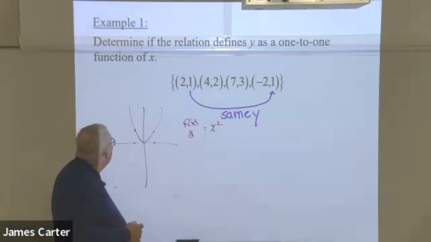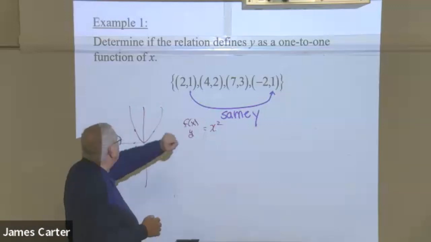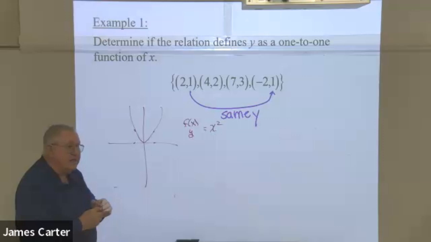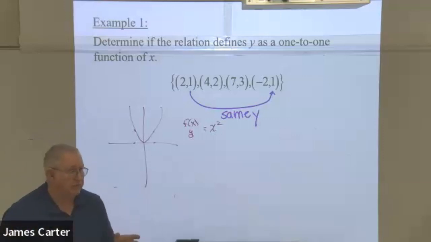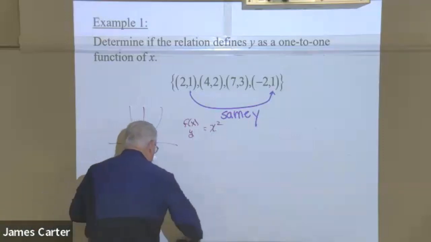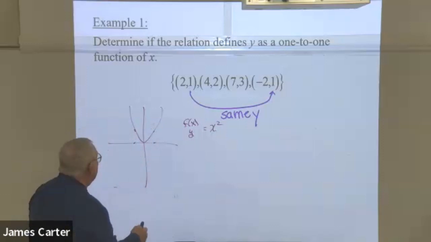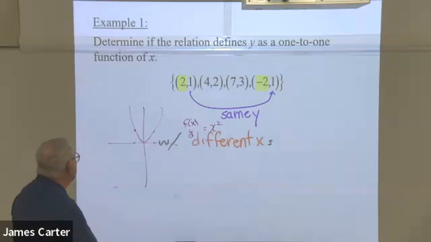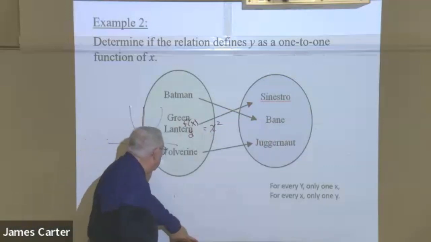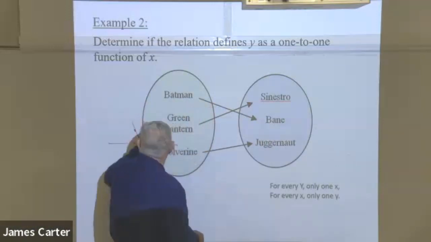So we would have that point and this point represented. This is a function. Now, let's keep going in this and see what it says. We have the same y with different x's. That means this one is not one-to-one when we talk about one-to-one values.